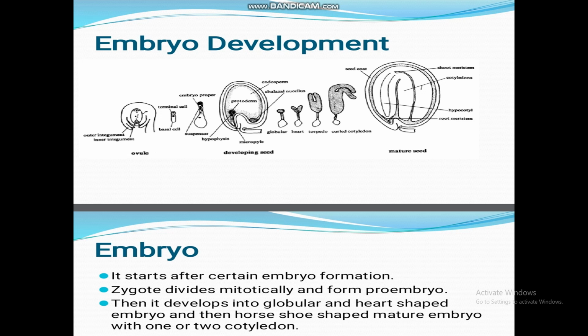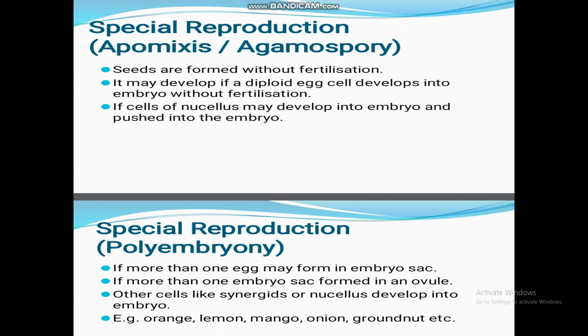Then it develops into globular and heart shape, and then a horseshoe shaped mature embryo with one or two cotyledons. It depends upon whether the seed is a monocotyledonous seed or a dicotyledonous seed.